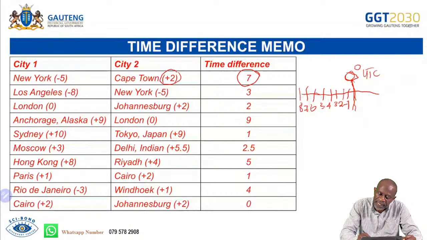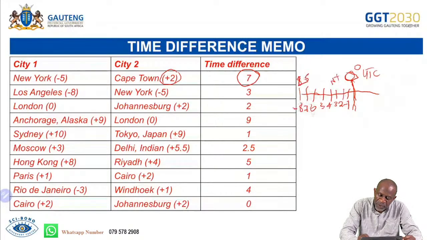So this looks more or less the same as your world map, and we said New York is at -5 and Los Angeles is at -8.